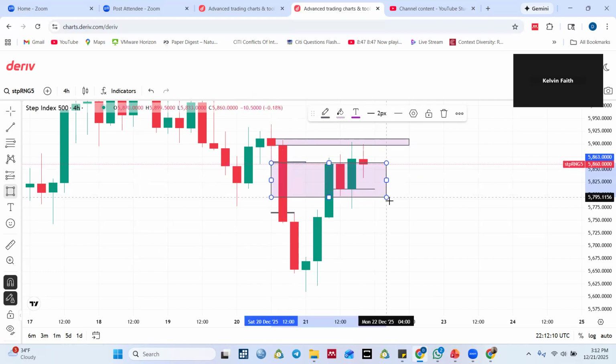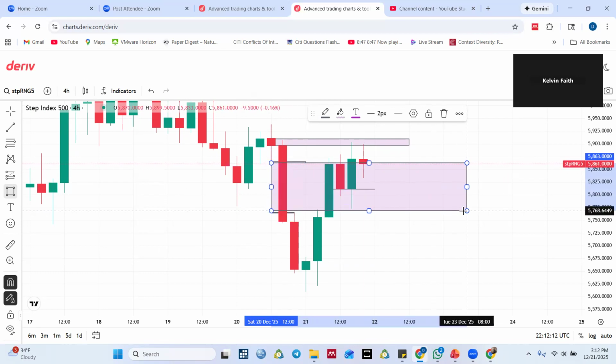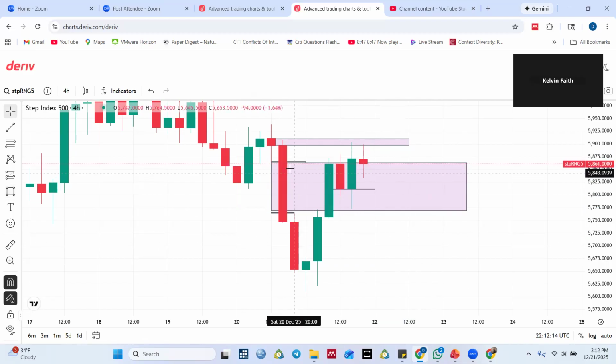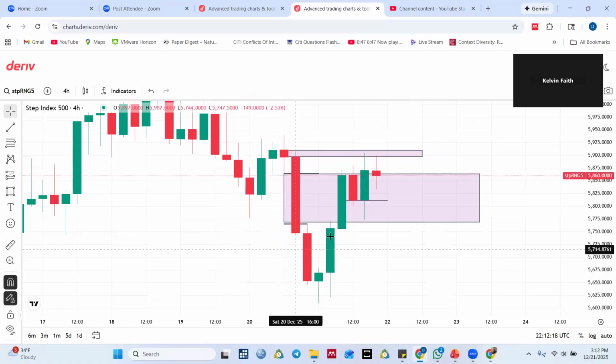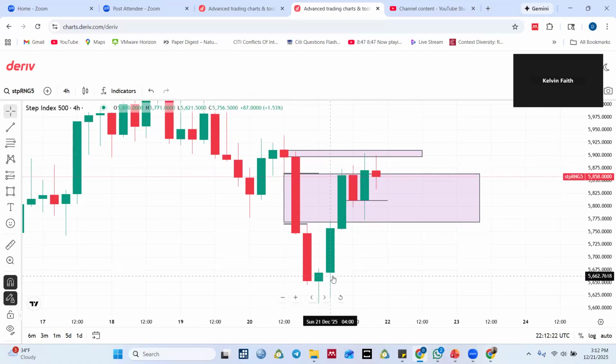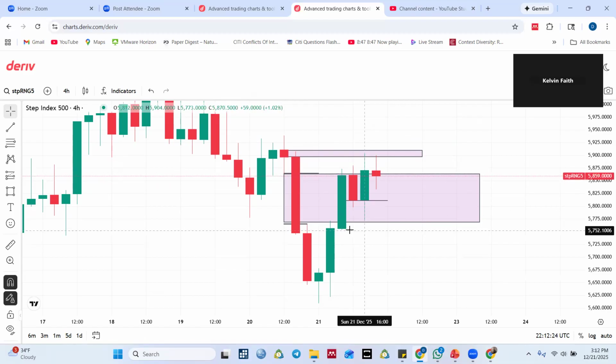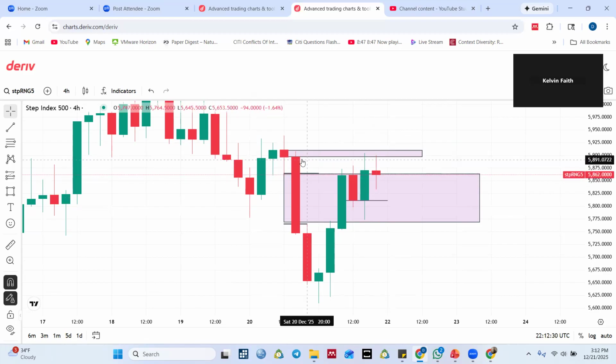This space is also called a fair value gap. So this is a bearish fair value gap. We can see that price is buying, utilizing a bullish fair value gap, but everything happening right now is still reacting within a bearish fair value gap.